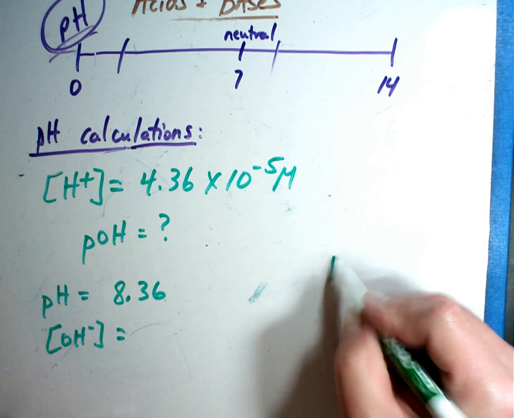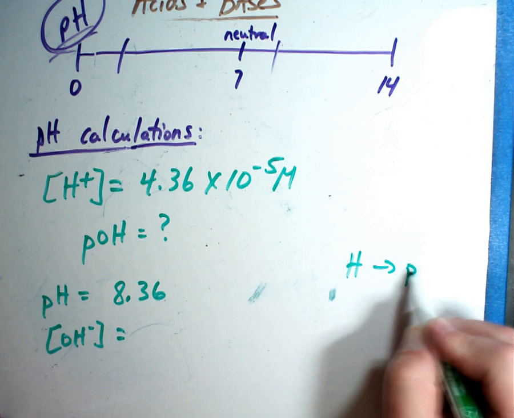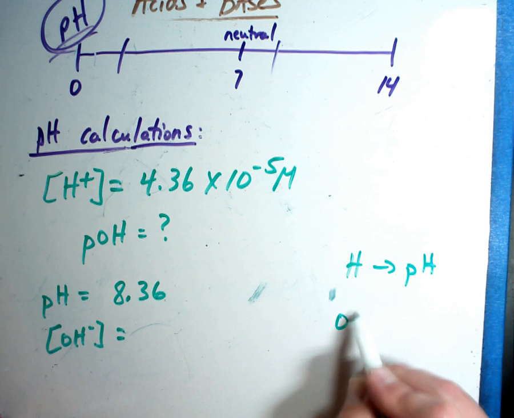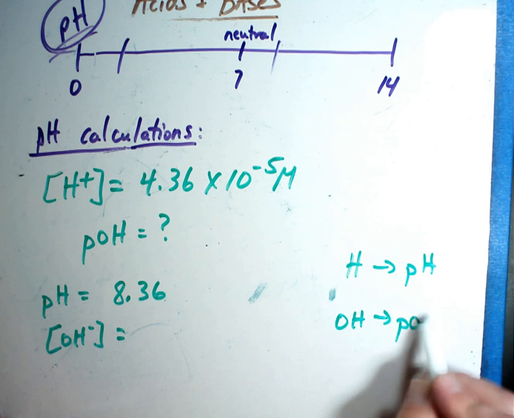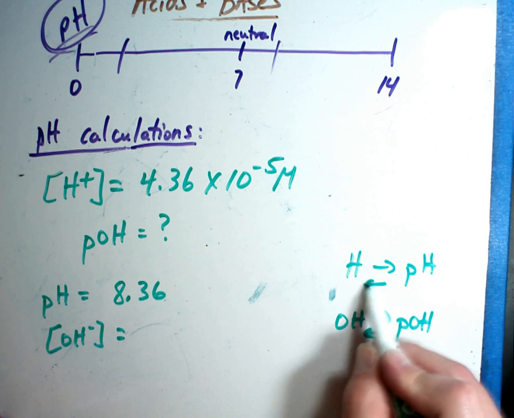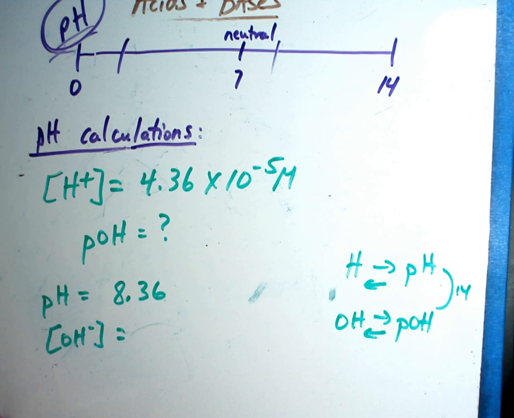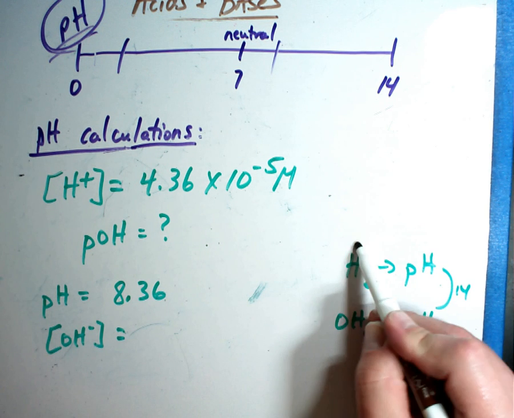Alright, so H gives me pH, and OH gives me POH, and I can go this way, and I can go this way, and the magic number is 14. In the first example, I'm at H, and I want to know this.